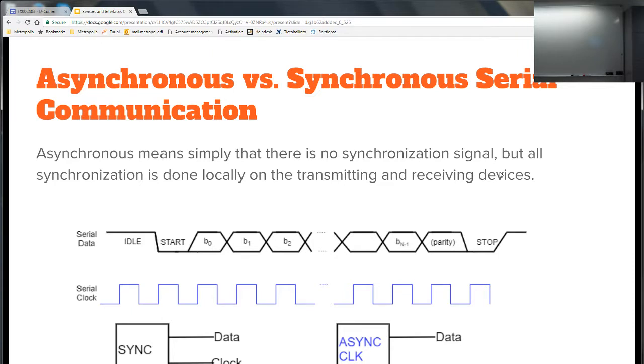The only difference between those is that synchronous has a clock. It has a data transfer clock, which means that you can also have an irregular data clock. But with asynchronous, you must have basically sampled digital data.